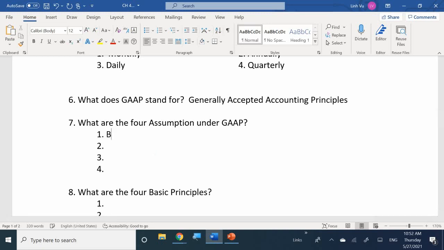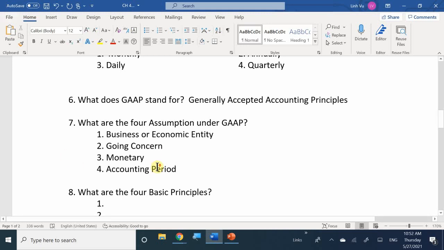Business or economic entity assumption. Going concern. Good. Monetary. Monetary, good. And accounting period.